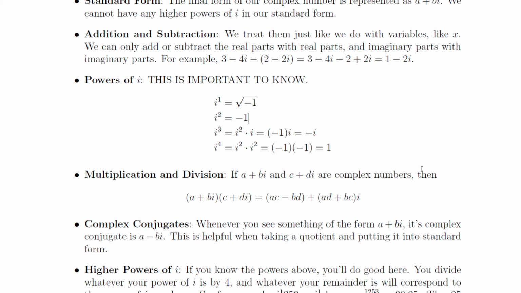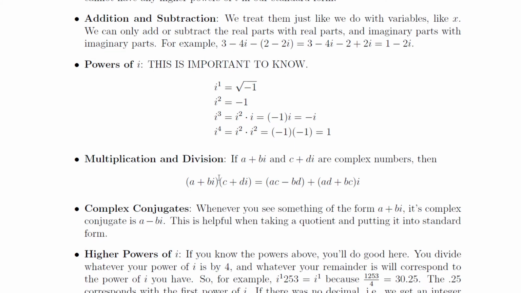And then it just keeps going around and around. That's essentially how higher powers of i work. We'll get into that just down here, and I'll explain a real simple process for how you can figure that out.